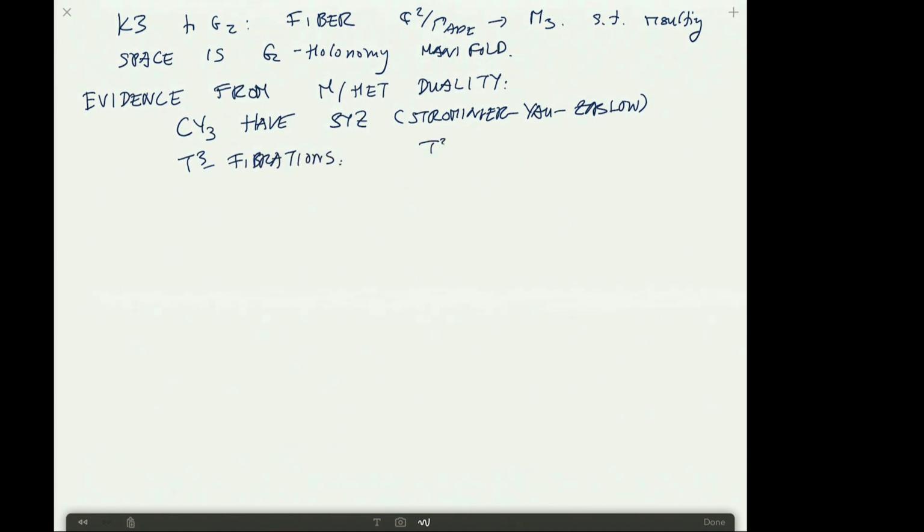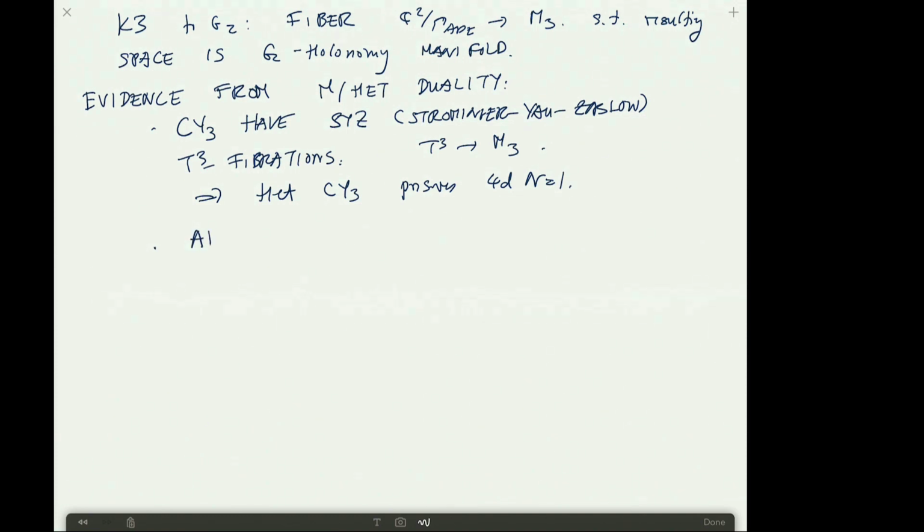So we can write them as some T3 fibered over M3, where M3 is some 3-manifold. And these are so-called special Lagrangian fibrations, so they're with calibrated cycles. Anyway, heterotic on a Calabi-Yau 3 of this type preserves 4-dimensional N equals 1.